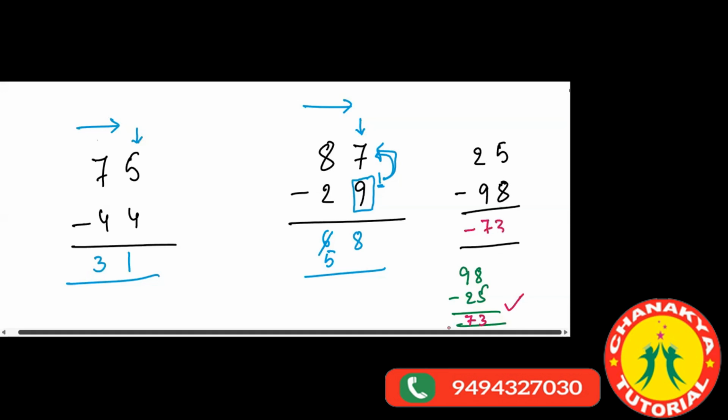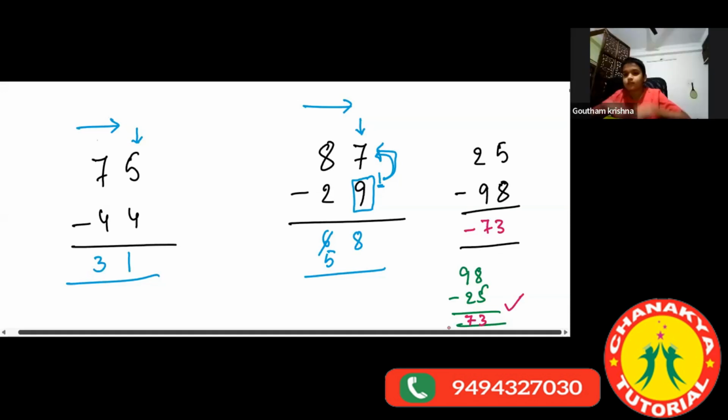Minus 73. Because the negative is bigger, that's why minus 73. So if the first place is a mismatch, then we have to take the minuend as the subtrahend and the subtrahend as the minuend, and then apply the normal Vedic technique. After getting the final result, we have to assign the negative sign.